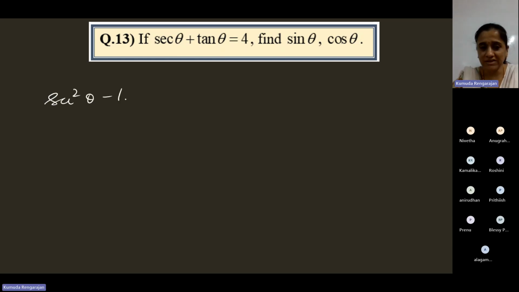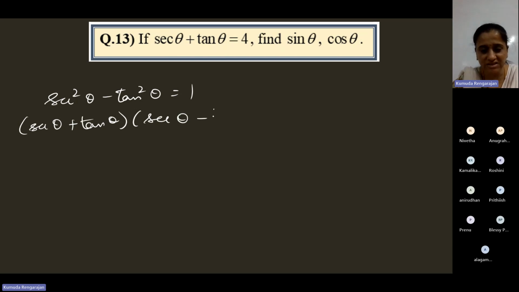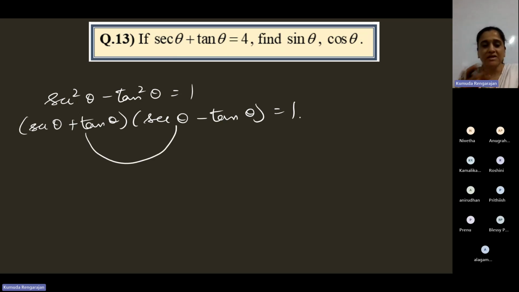Secant square theta minus tan square theta is 1, right? Now, what is this? This is nothing but secant theta plus tan theta into secant theta minus tan theta is equal to 1, right? So the product of these two is always 1. That means their values must be the reciprocals of one another, right?